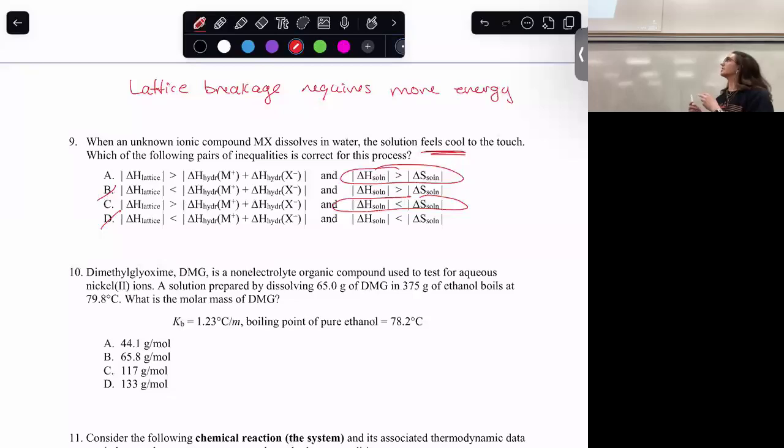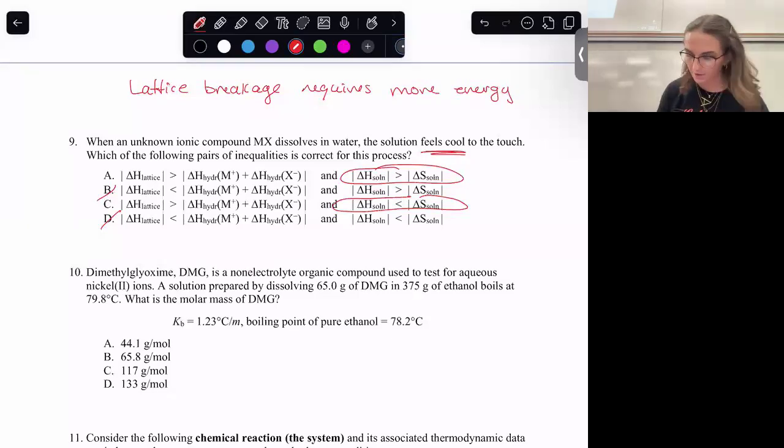Which one's greater, either the delta H of the solution or the delta S of the solution? Which one's going to be correct and why? Delta S. Yes, and why is it greater?